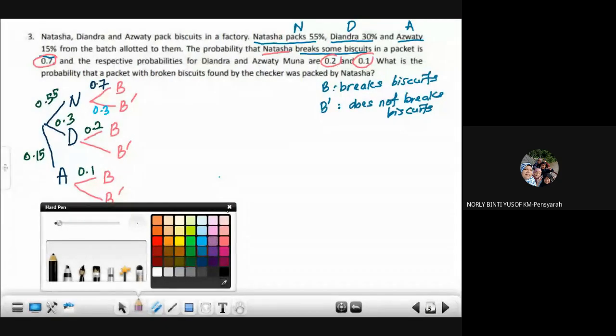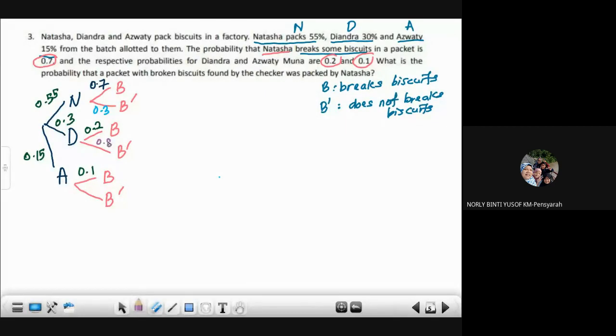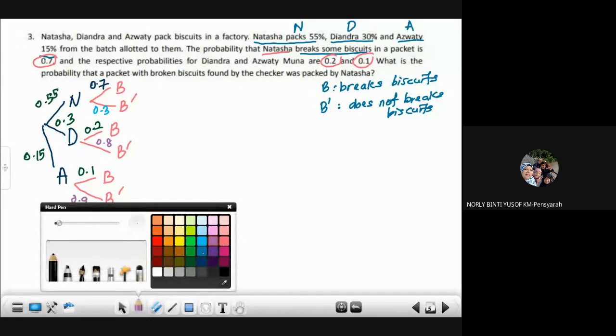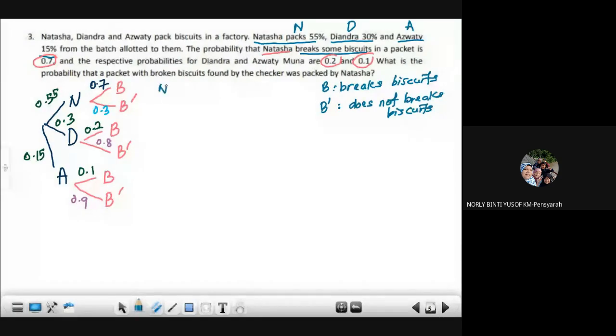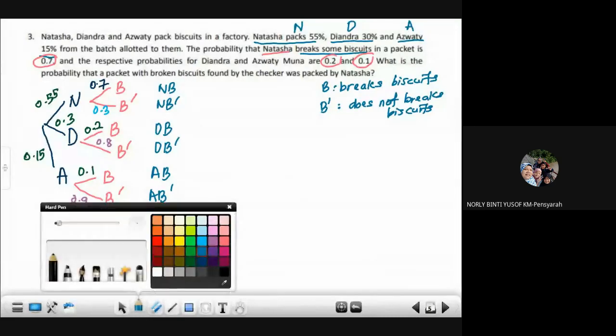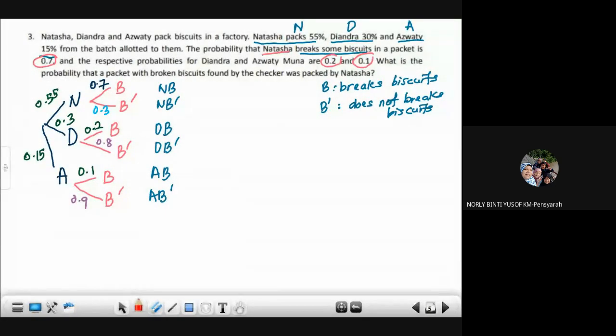Then same minus, here you got 0.8, here you got 0.9. Sama buat outcomes. Okay. So you complete your tree diagram, then you'll be able to answer all type of question being asked lah in the probability.